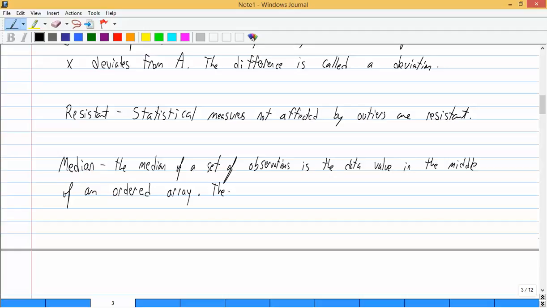The same number of data values is on either side of the median value.